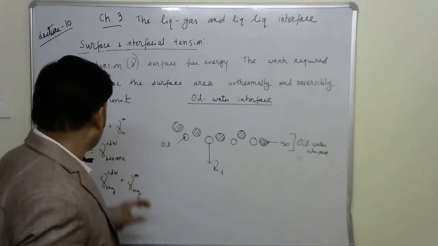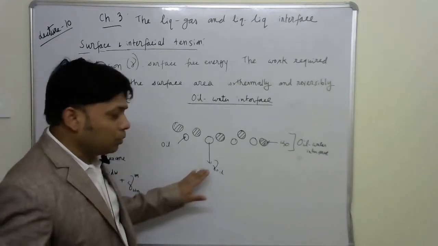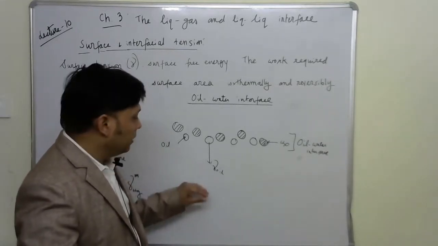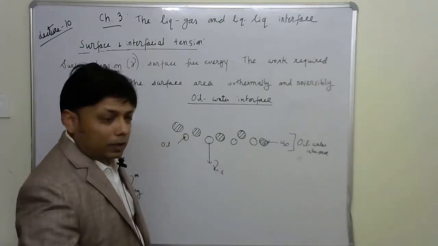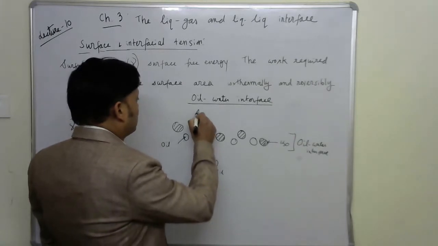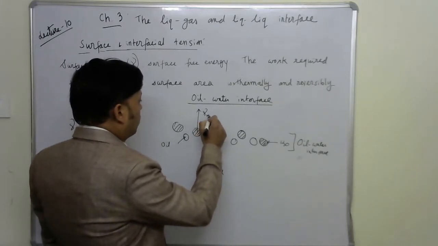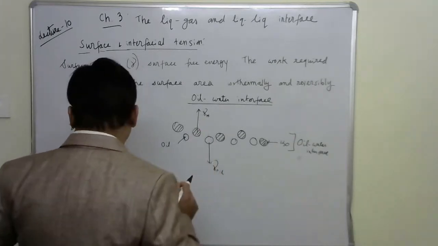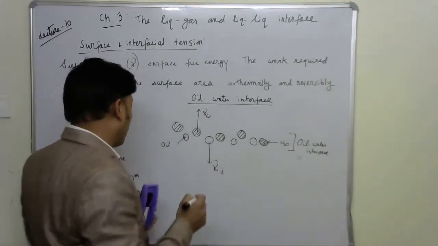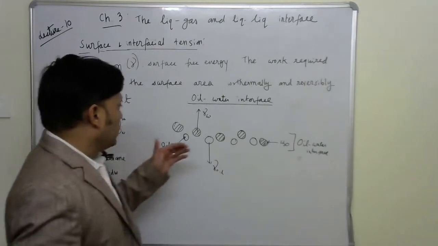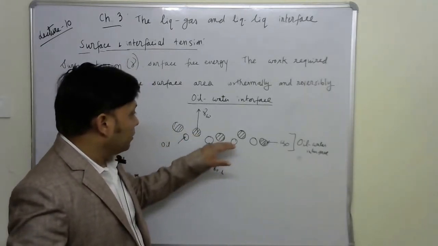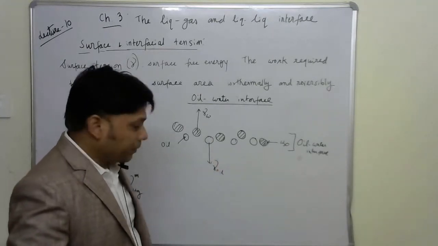This gamma oil is the pure surface tension of the oil, pulling towards the bulk. And then of course we have gamma H2O, or gamma W, which is once again the pure surface tension of water. By the same force, the molecule at the interface is getting pulled towards the bulk.